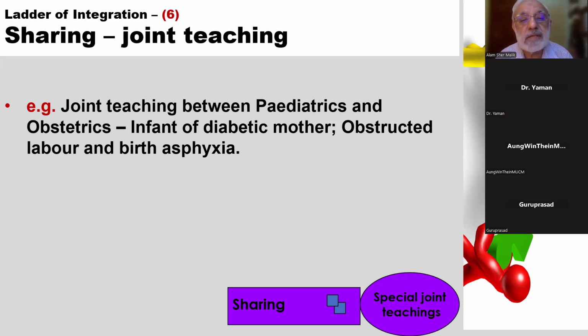So obstetrics would be talking about the situation or the problems or issues in the mother, whereas pediatrics would be talking about the problems to the baby. So there is a joint session, and so students are shown the link between the two situations.